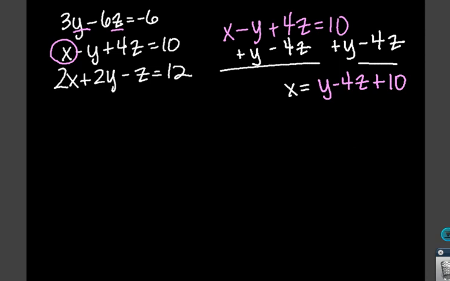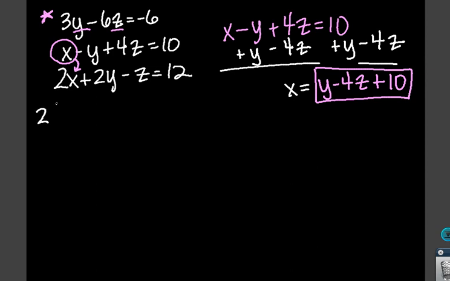So now we're going to take this expression that is equivalent to x, and we're going to plug it into the other two equations for x. Oops, not the other two equations, just this one, because this equation up here doesn't have an x to plug into.